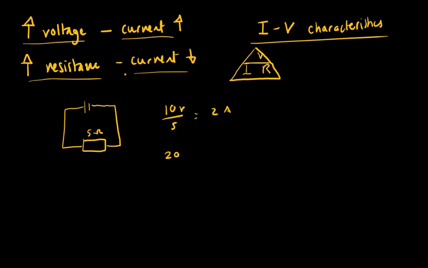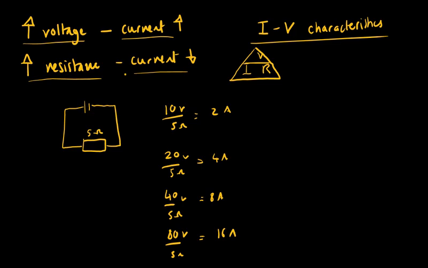If I increase my voltage to 20 volts, if I increase my voltage to 40 volts, if I increase my voltage to 80 volts, can you please try and work out the current at each one? Okay, so if you've done that, this would be 4 amps, this would be 8 amps, and this would be 16 amps.